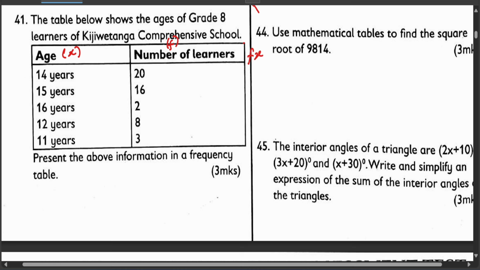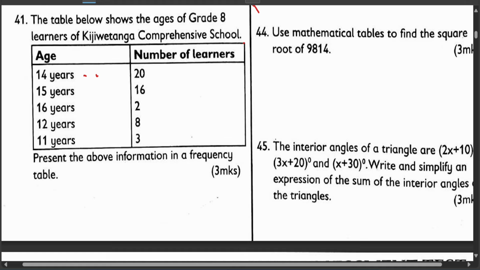But there's no fx if I'm not wrong. I don't see fx in a frequency table. 14 years 20. Don't see fx. Present the above information in a frequency table.